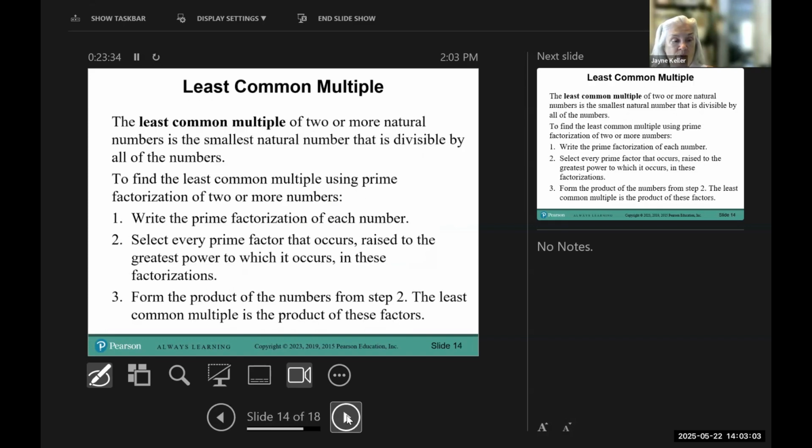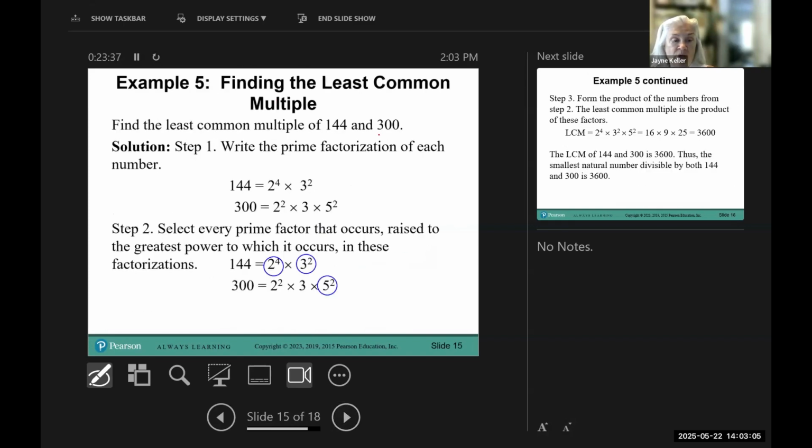Let's walk through it with some new numbers here. So we have 144, and if we made that factor tree, we would find that we have to multiply 2 times itself 4 times, and 3 times itself twice, multiply those two together, and we get 144. And a factor tree for 300, we would have got 2 times itself twice, 3 once, and then 5 times itself twice. So for that least common multiple, I'm looking at the biggest of each.